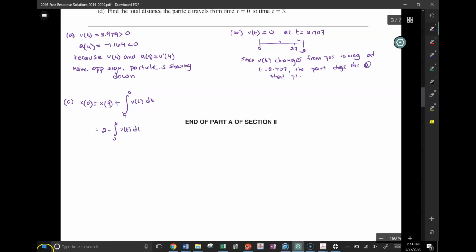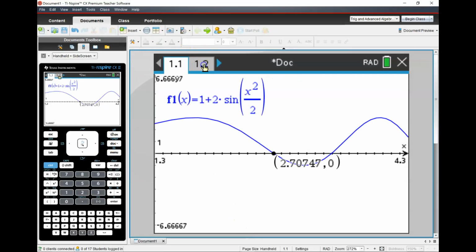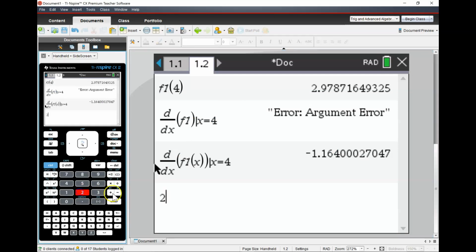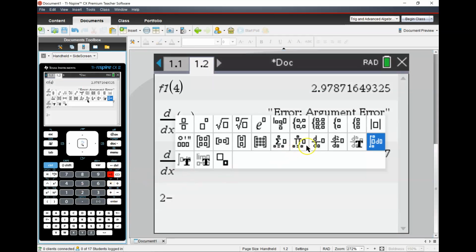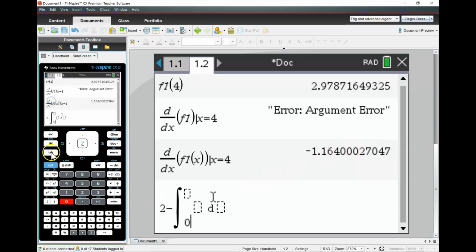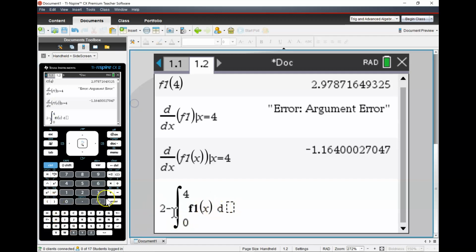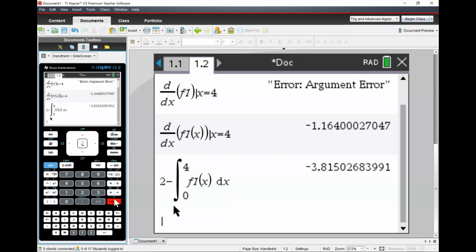And so when I go here, I can do the whole thing in the calculator. I can do 2 minus the integral from 0 to 4 of f1 of x dx. Why do you add the 2?